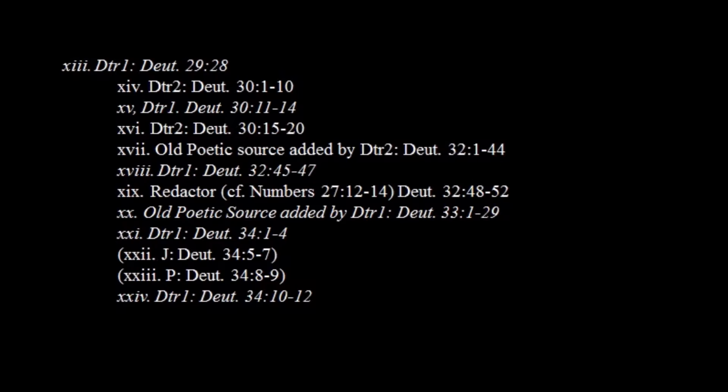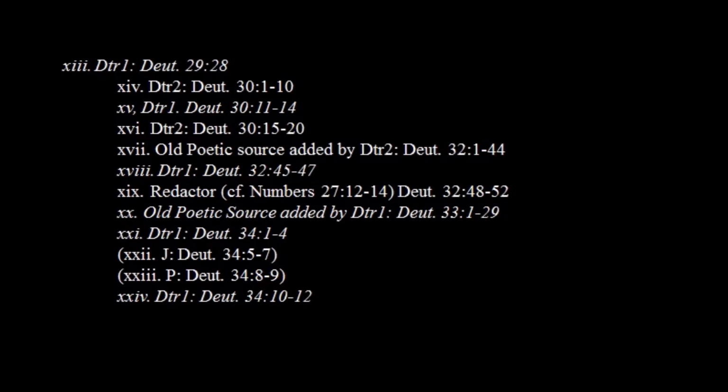And then you have a bit of J text, the last part of the narrative of J, which is verses 5 to 7. Okay, that Moses died and he got buried by God and how old he was. But then you have the P text adding in verses 8 and 9. And then the final verses are back to DTR1.